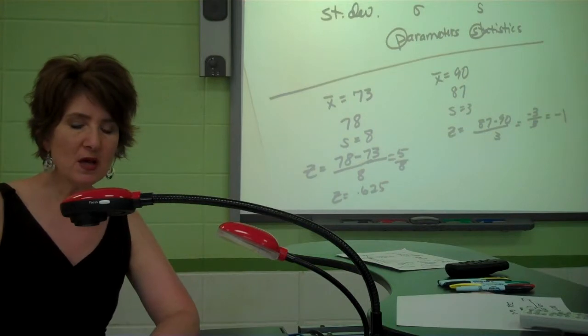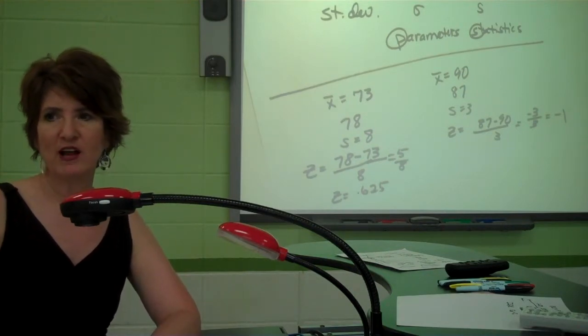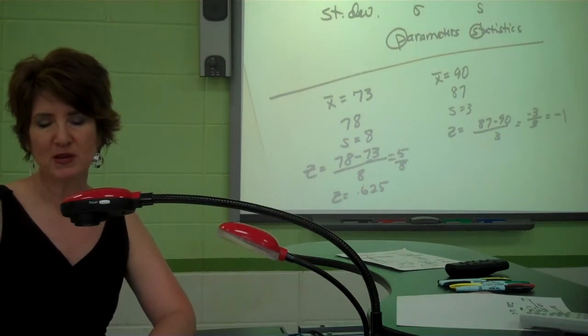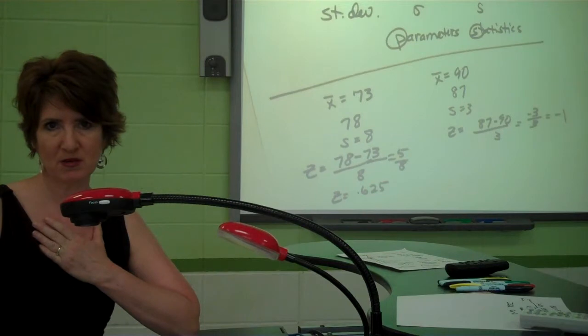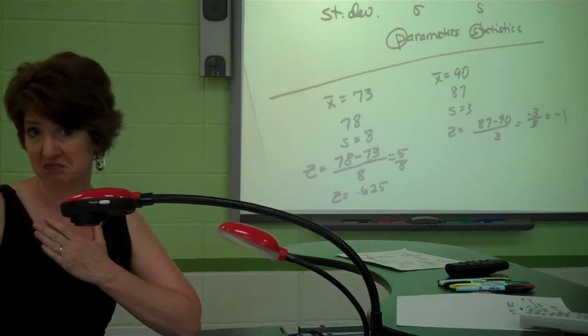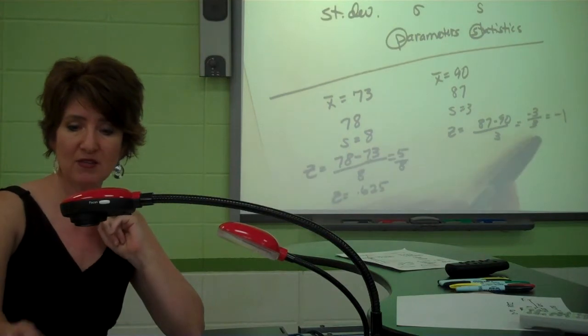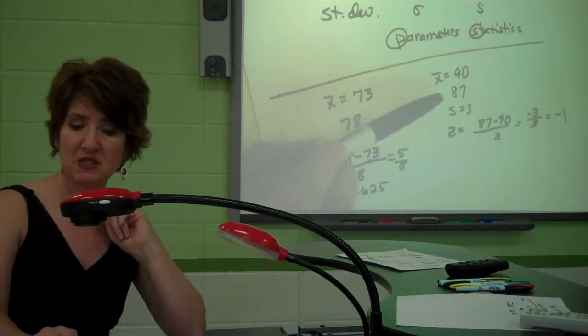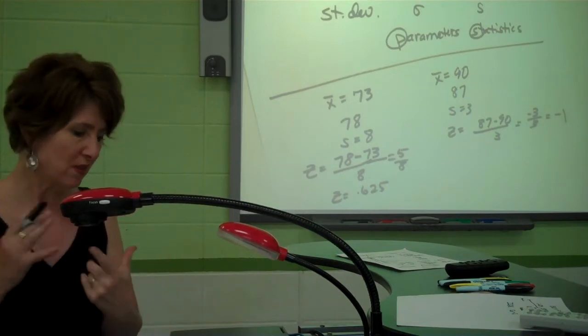If your teacher ever gave back scores simply based on z-scores, you would be hoping that you had something positive. Although, as we can see, if it was negative, it still didn't mean that you made a bad score. It's all relative to the mean.